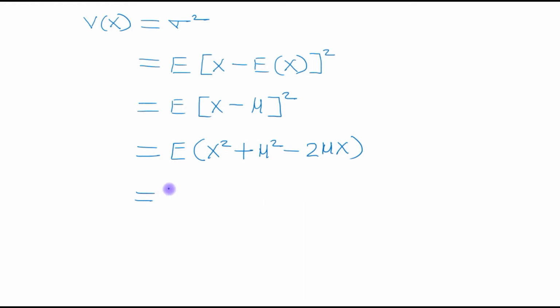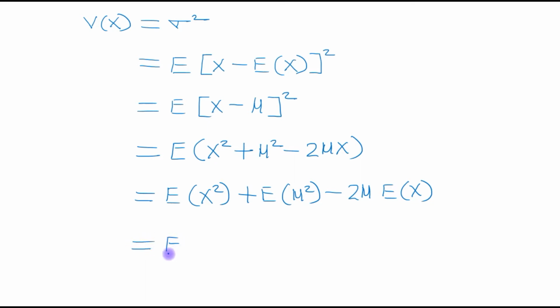Next step, then we will write this will remain the same, plus expected value of a constant is the number itself. So expected value of mu square will be mu square minus 2 mu, and expected value of x is mu.